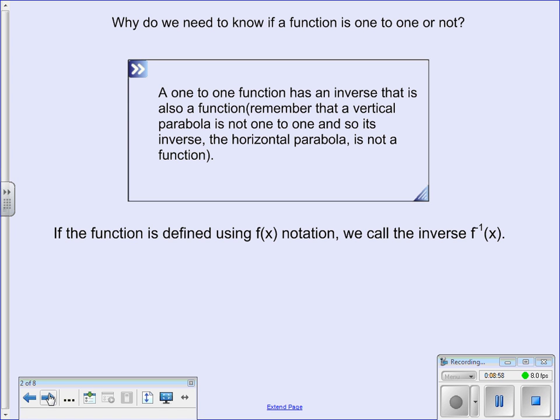It's kind of hard to read this here, but the notation for inverse is f to the negative 1. That is inverse notation. You've seen that inverse notation before, in inverse trig functions.